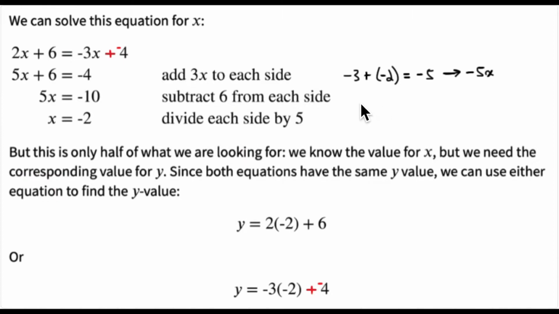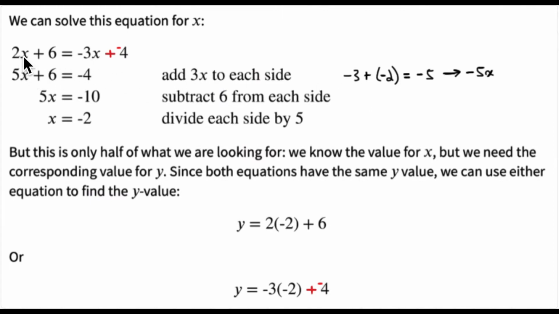And so you have some choices. The authors chose to add 3x to each side to do the algebra. So this is a -3x. If I add a +3x, that's adding the additive inverse. This will equal 0. So add a positive 3x to this side. 2x plus 3x is equal to 5x. I chose to add a negative 2 to each side. So I'm here at negative 3x.